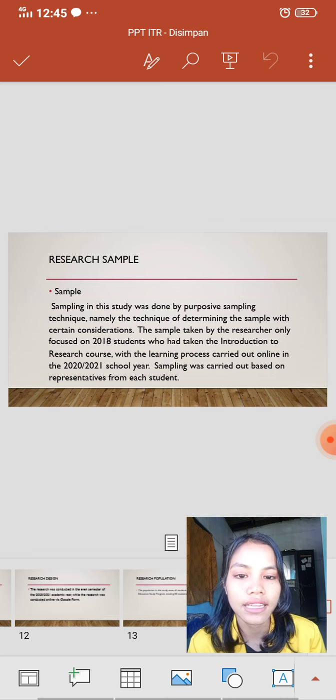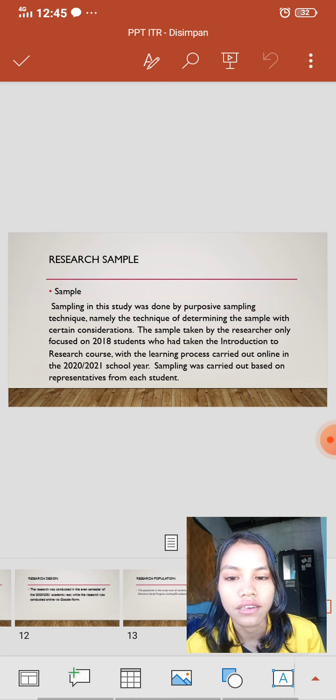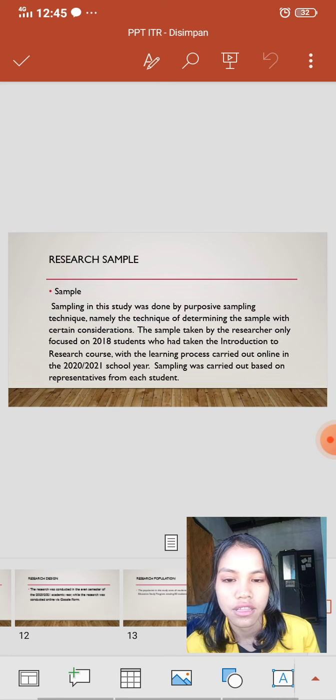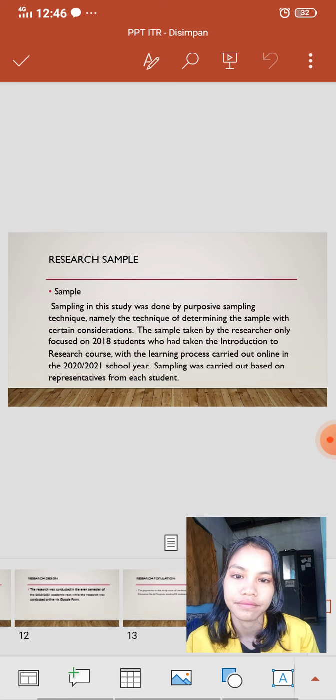The sample taken by the researcher only focuses on 2018 students who had taken the Introduction to Research course, with the learning process carried out online in the 2020 and 2021 school years. Sampling was carried out based on representatives from each student.